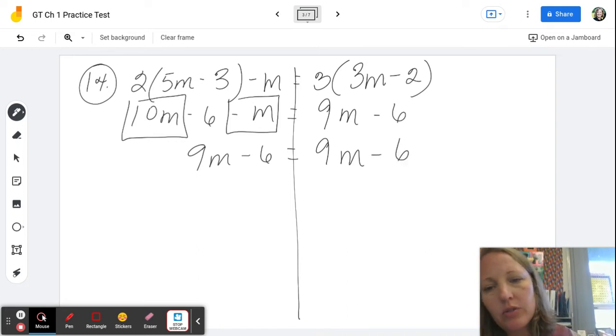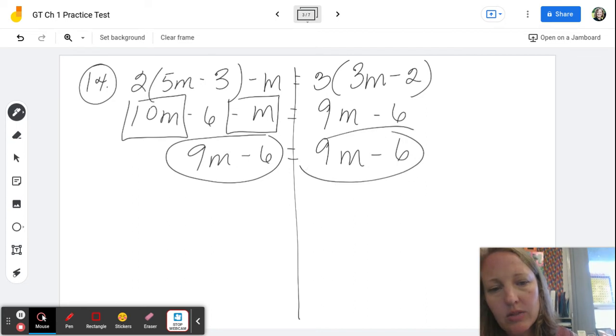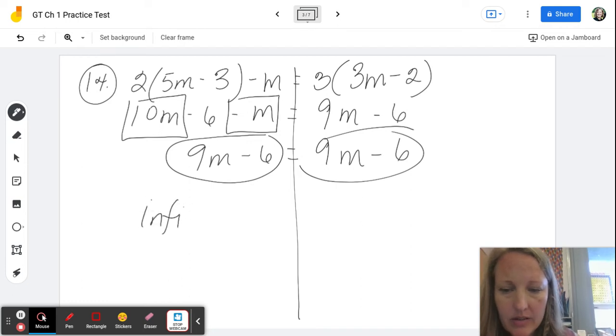When you have two expressions that are exactly the same, this expression is equal to this expression, what that means is no matter what you put in for the variable, anything will work. So this has infinite solutions.